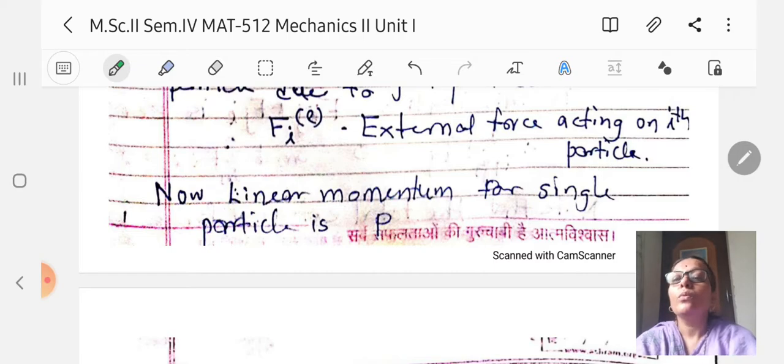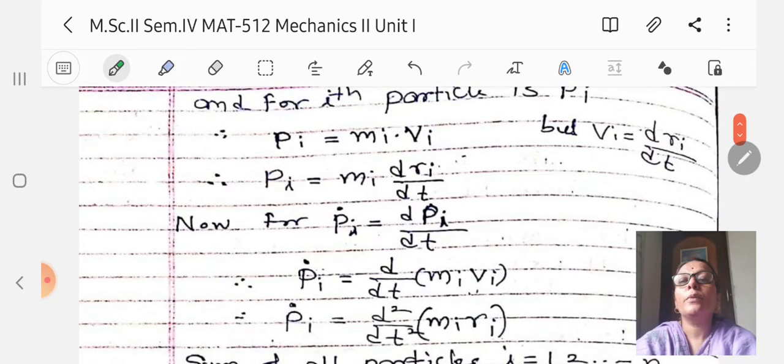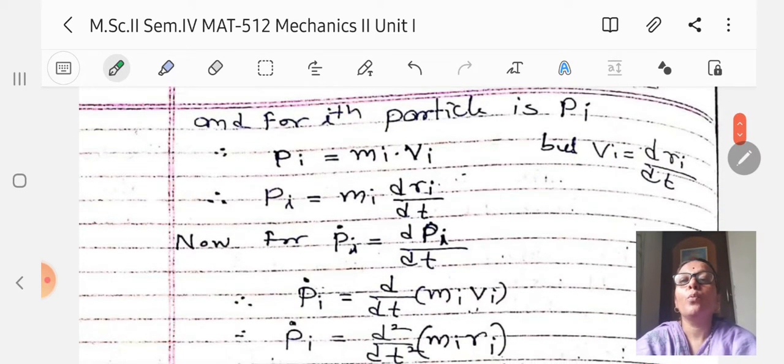Now we know the linear momentum for a single particle is p, and for the ith particle it becomes pi, and we know p equal to m into v, therefore pi equal to mi into vi. But vi is the rate of change of displacement, that is dri by dt, and therefore pi equal to mi into dri by dt.